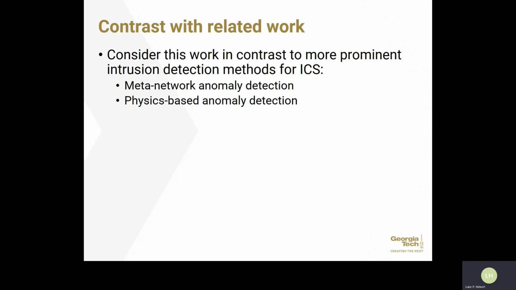The research conducted and presented in this paper is a valuable contribution to the ICS network security field, especially in that it challenges, and in my mind overturns, some of the widely held assumptions about what can be done in the way of content-based anomaly detection in industrial protocols and industrial networks.